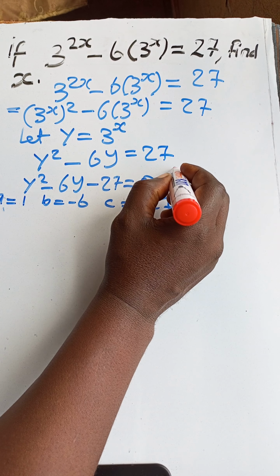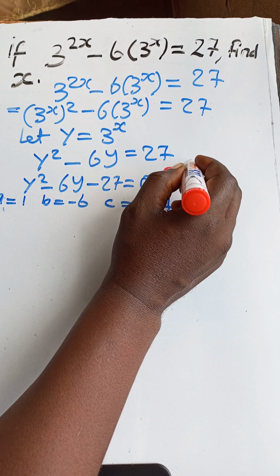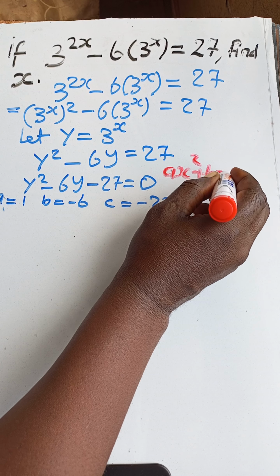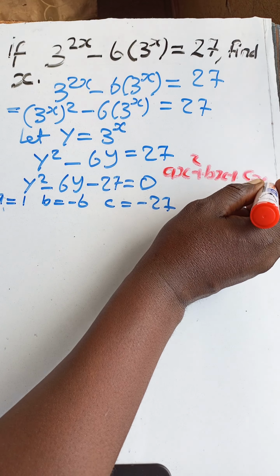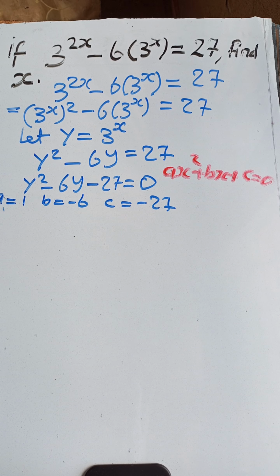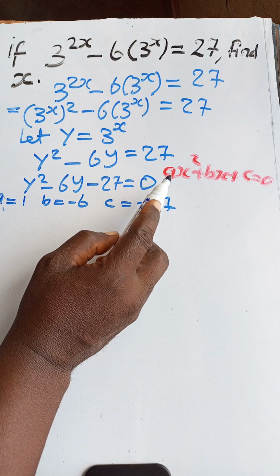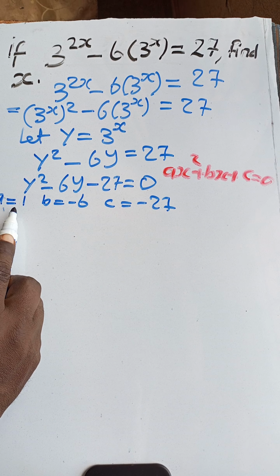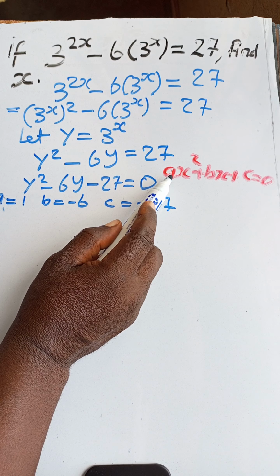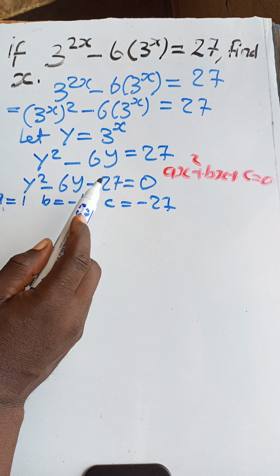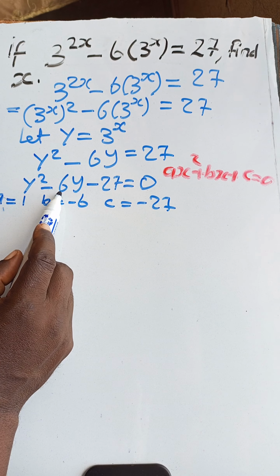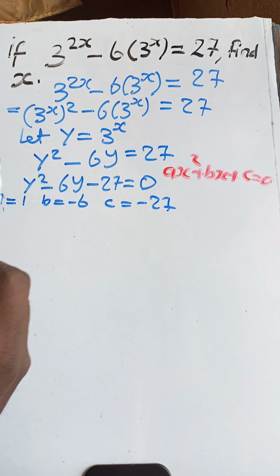Remember, a classic quadratic equation has the nature ax squared plus bx plus c equals 0. So it's from this classic quadratic equation that we know the values of a, b, and c. a is the coefficient of the leading term, b is the coefficient of y, and c is the constant.